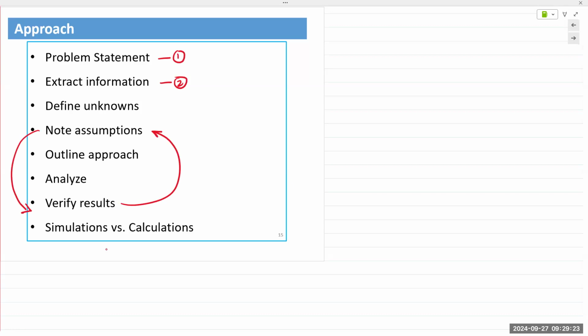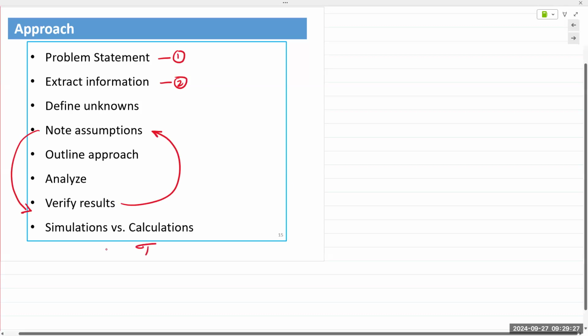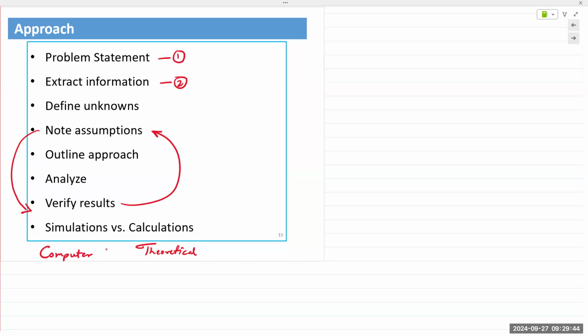All right. And then, of course, simulations versus calculations. You have theoretical hand calculations. That is the whole point of learning circuit analysis. And then the software that would allow us to perform simulations. Yeah, PSpice, LTSpice, MATLAB, lots of other powerful software tools that you can simulate your circuits.